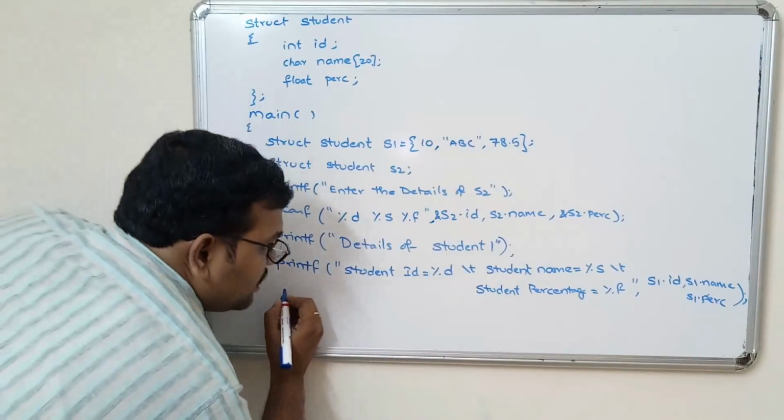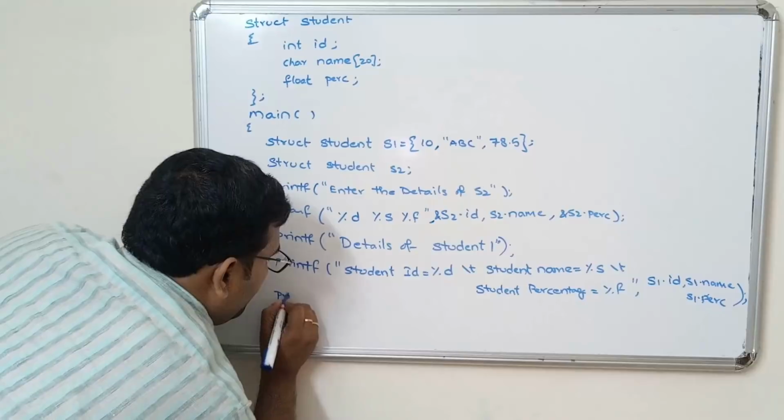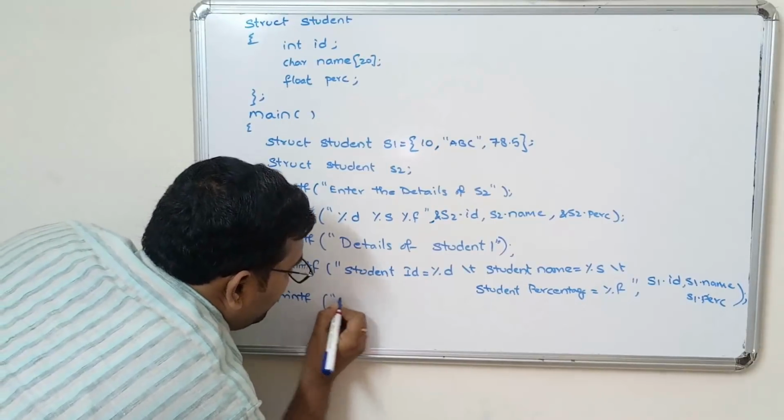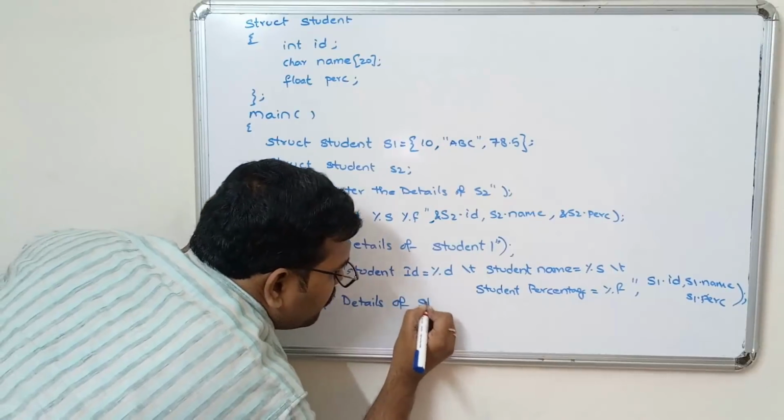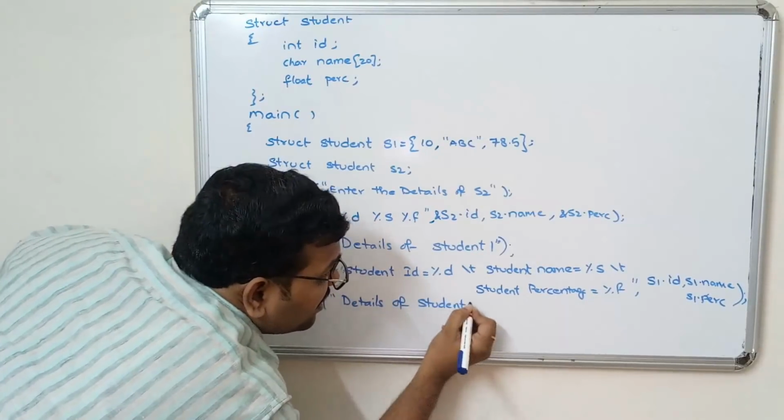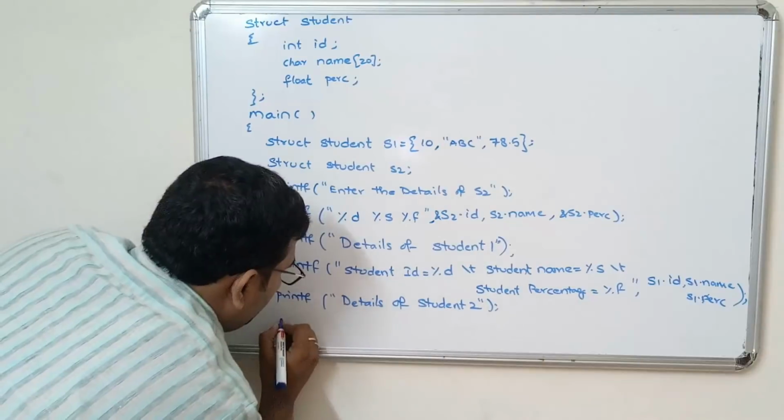Similarly, the same printf, details of student 2.